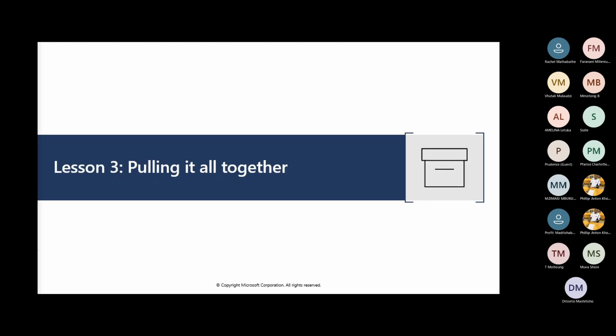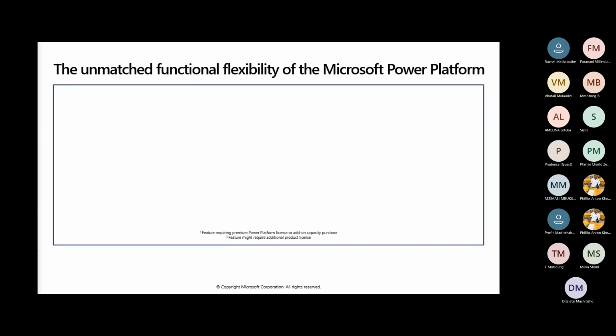Okay, so now let's look at pulling everything together, the unmatched functionality and flexibility of Microsoft Power Platform. We are looking at how to pull in the data, how to use the connectors, as well as the applications.